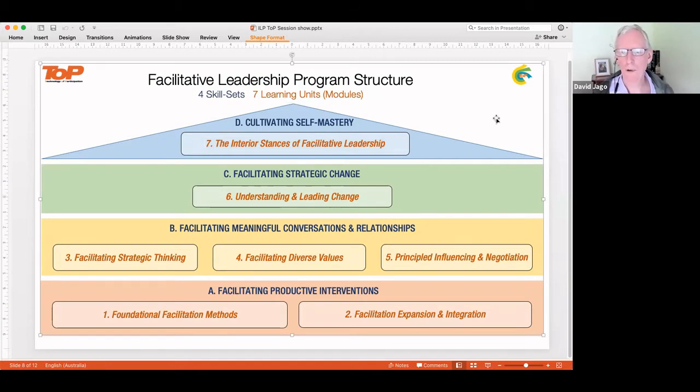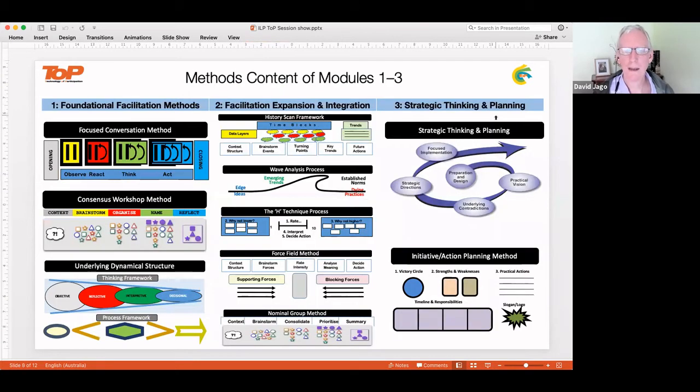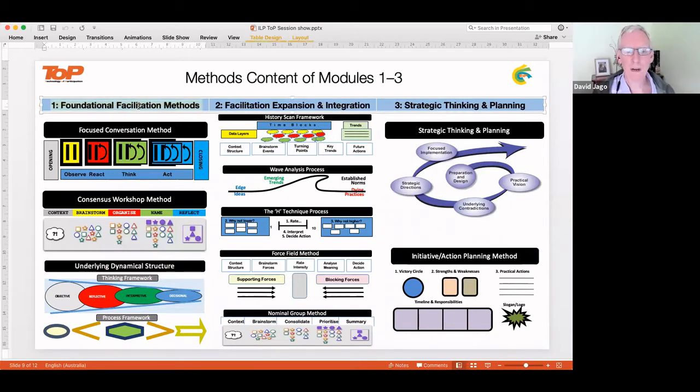Okay, so moving along. Just to do a slightly deeper dive into the first three modules. As I said, Unit 1, Module 1 is around foundational methods.